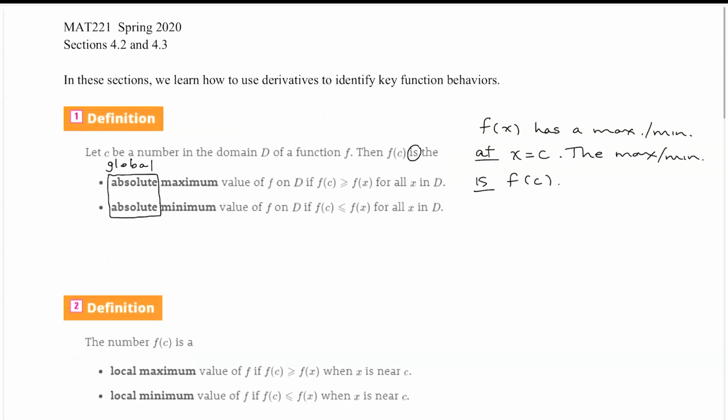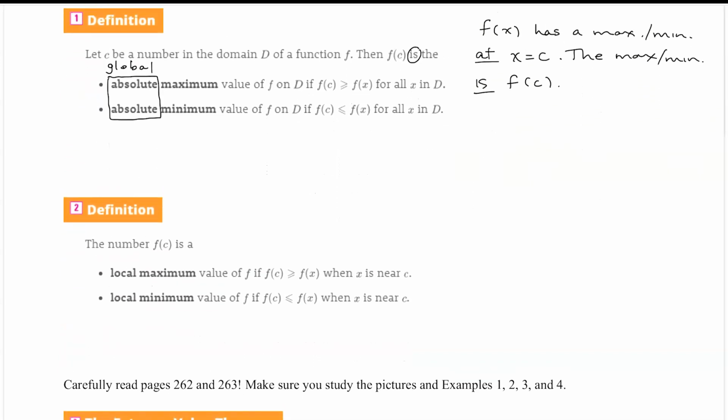So the y value is the actual max or min, but we very often refer to a max or min by its location, which is what the input value is. Now, we also have local maxima and minima, and sometimes instead of the word local, you'll see the word relative, and I will use them interchangeably.